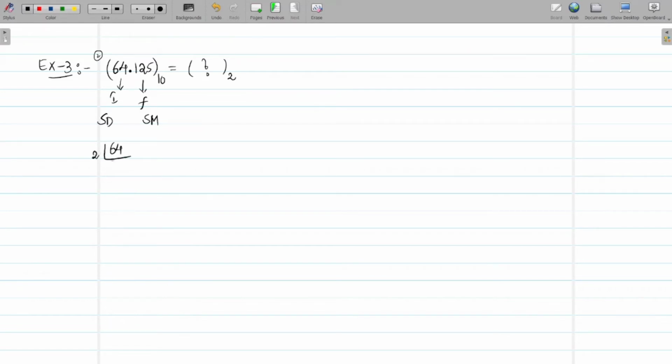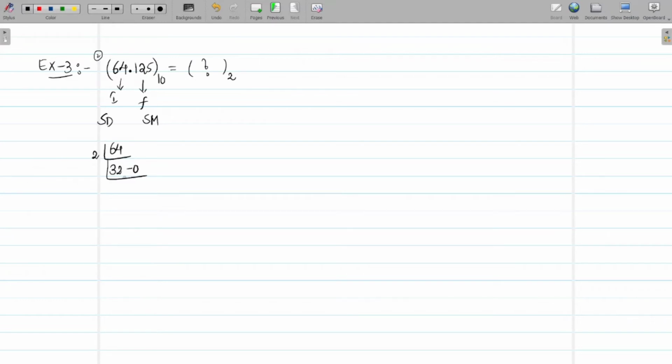So we will do it faster. We need to divide with 2. 64 must be divided by 2. Write the quotient separately, remainder separately, and do the division continuously until we reach 0 remainder, or until the division is not possible further. So 32. 2 times 32 is 64.